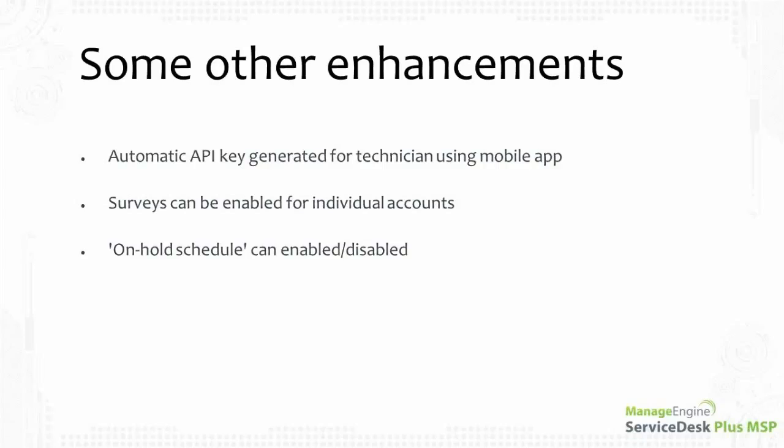This was a condition earlier. Now there is nothing like that. You can just enter the username and password and log into the app. The API key generation is done automatically inside the application, so there's no more work for that.